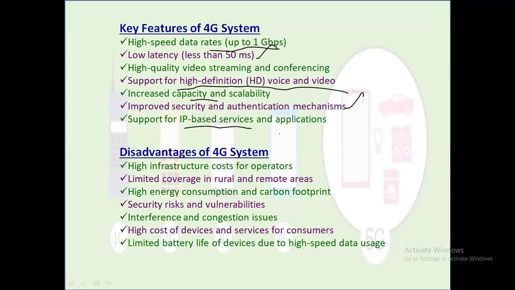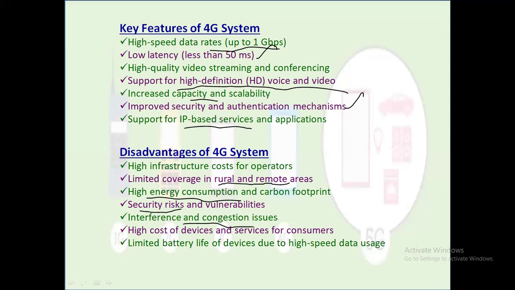Even though it has many advantages, it has some disadvantages also. It has high infrastructure costs for operators, limited coverage; this is the main drawback of 4G. Limited coverage in rural and remote areas, and high energy consumption and carbon footprint, and security risks and vulnerabilities, interference and congestion issues.